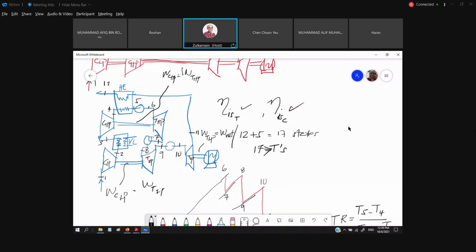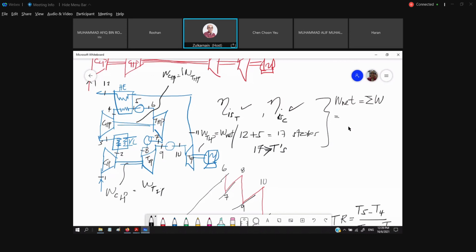If you make your W net equal to the summation of work, you will get the same formula for W net.